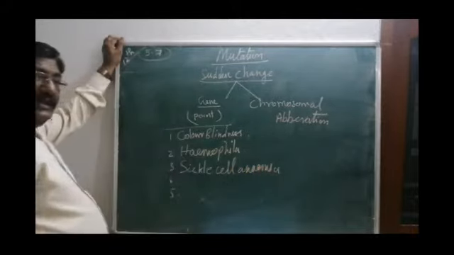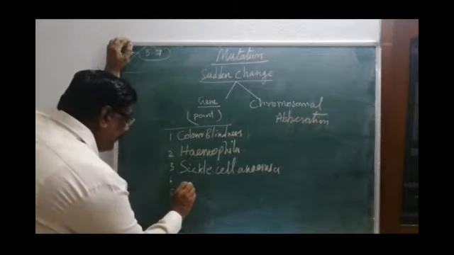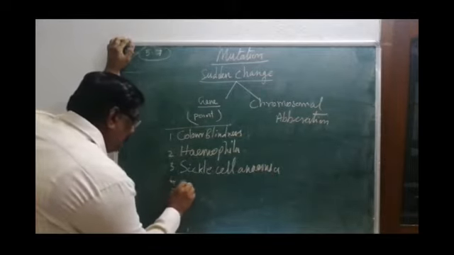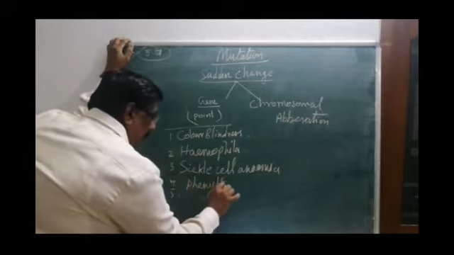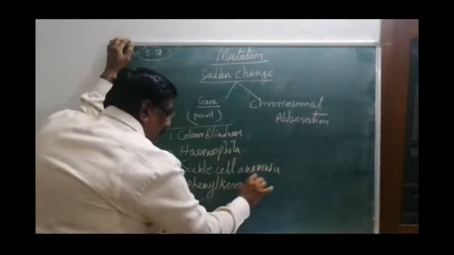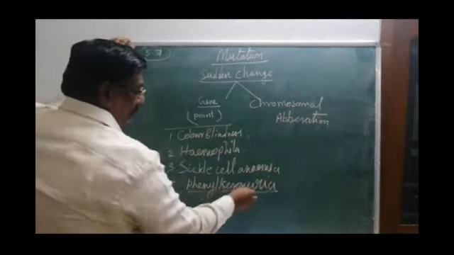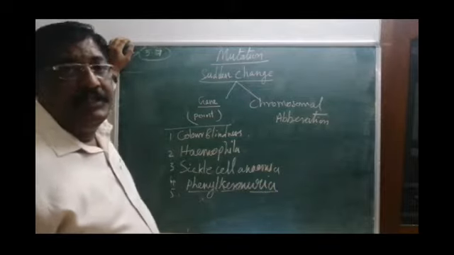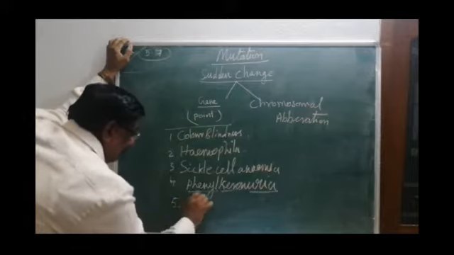This is one condition. It takes place in the RBC. You will see that. And the fourth one is phenylketonuria. Phenylketonuria. Then the fifth one is thalassemia.